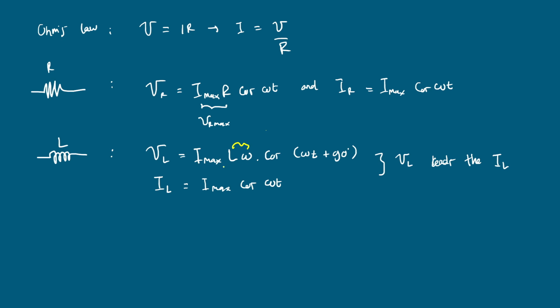Then I want to spotlight this side first, L omega. As we know from the previous one, we have VR equals I max times R, and R here is the opposition in a resistor. And here we have L omega, which is also an opposition in an inductor, but here we call it reactance, the quantity of opposition in an inductor.